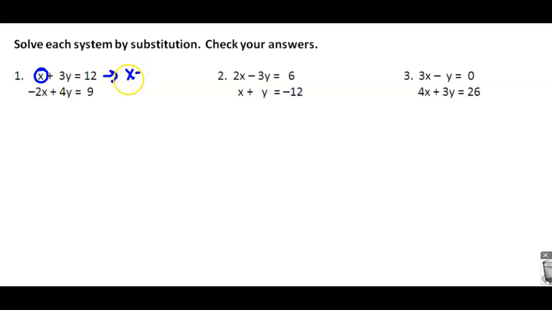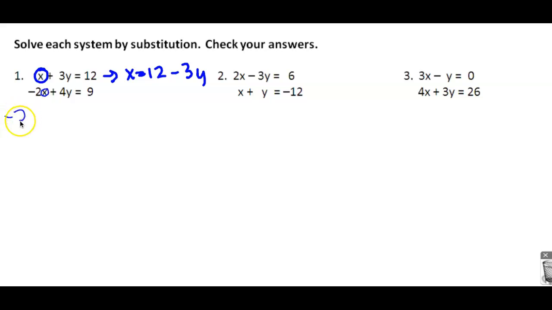So we get x equals 12 minus 3y. And then what we're going to do is take that x equals and replace x in the next line or the equation below it. So you solve for a variable in one equation, and you plug it into the other.